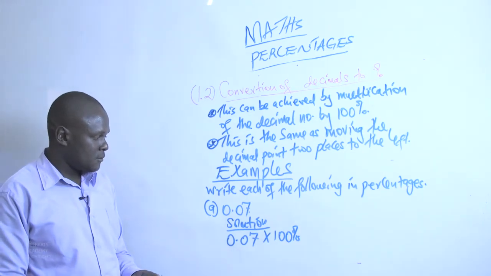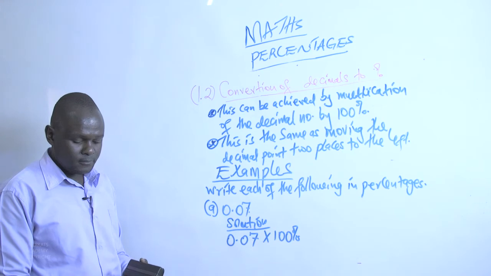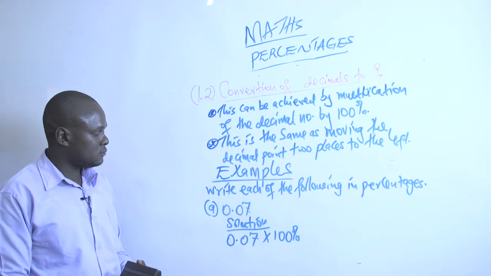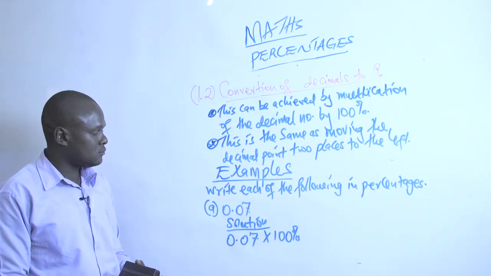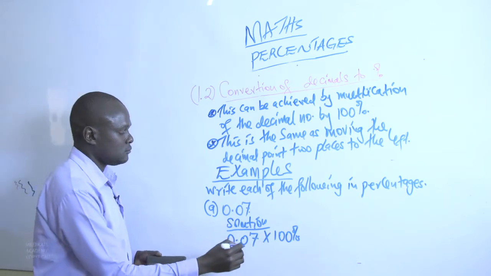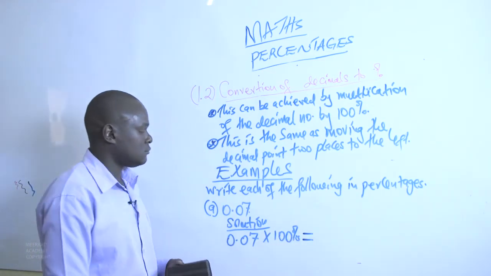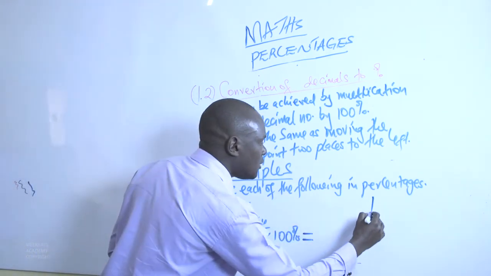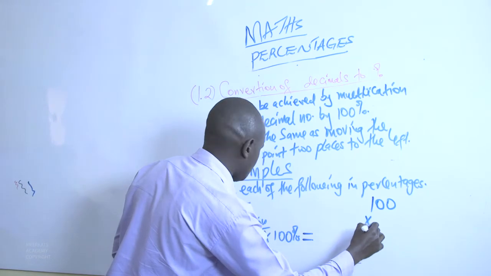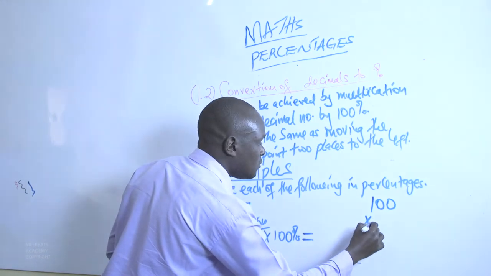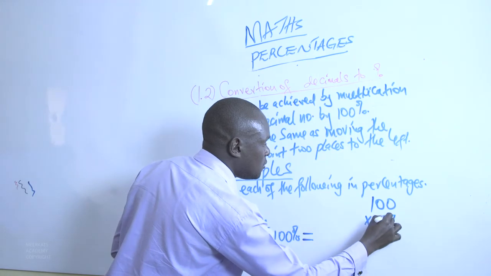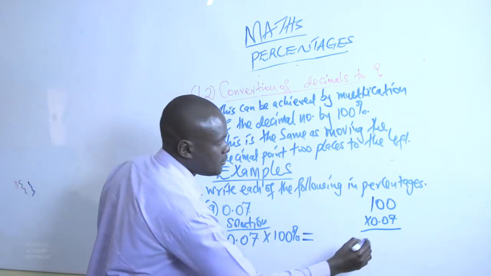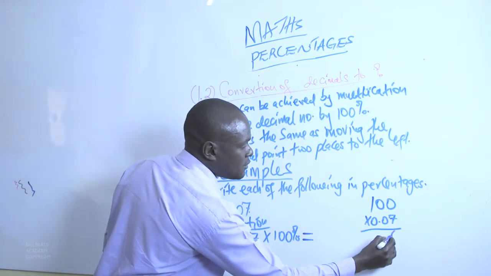0.07 multiplied by 100. We can arrange it in column form so that we can multiply, manually, or you can use the calculator to perform this particular operation. 7 multiplied by 0, it will give us 0.